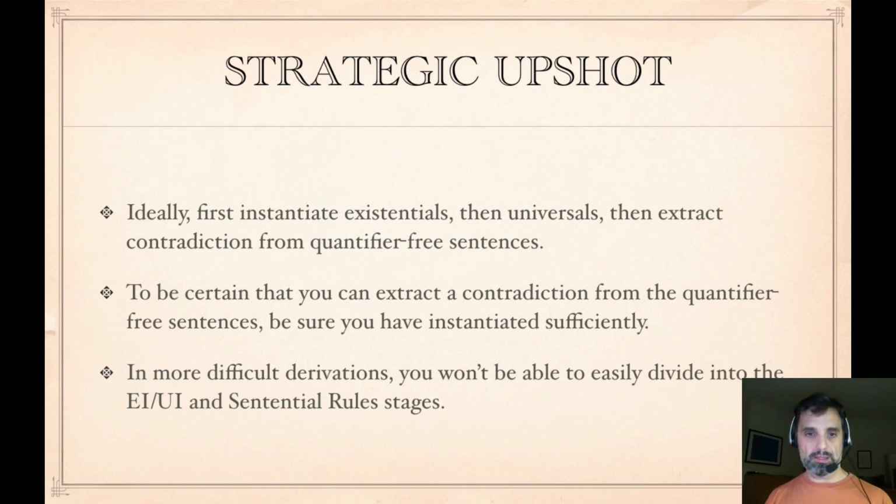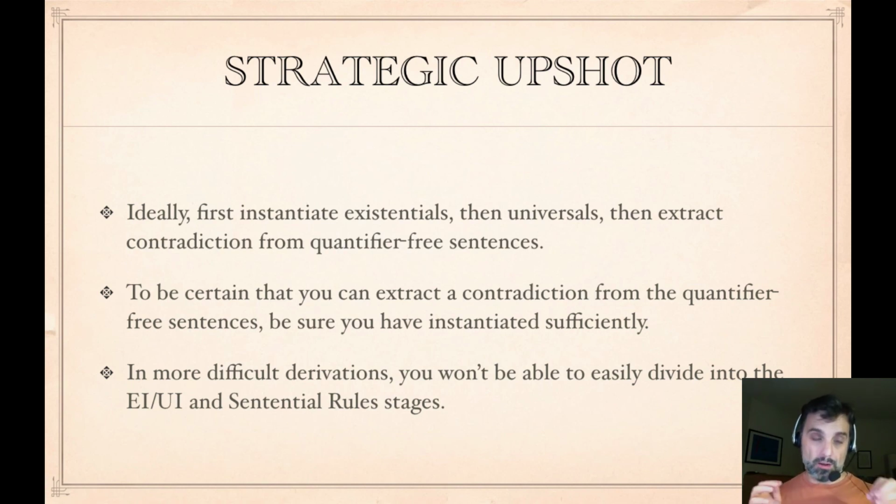Then the other thing this means is that if you're having trouble completing the derivation, one possible reason is you haven't followed the EI+UI stage properly. You're trying to do all these sentential manipulations with sentences that don't have quantifiers in them. It may be that the reason you're not getting a contradiction out of them is that you haven't done enough EI and UI, and in particular, probably not enough UI.